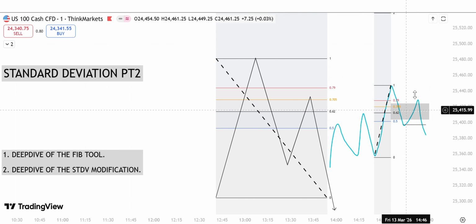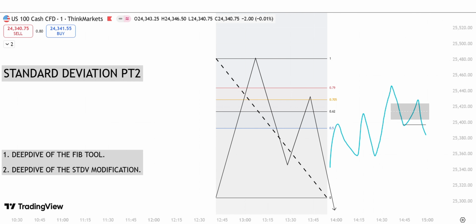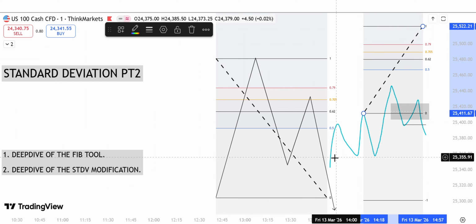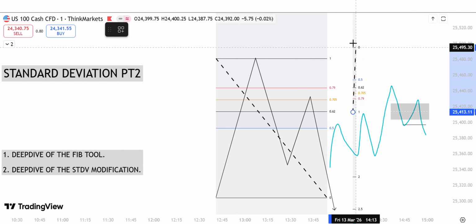If you're bearish, you anchor it from top to bottom. Let me recap on that. If you're bearish, you anchor from the top of the move to the bottom. Always like that. Where you anchor is different on the bullish side, because on the bullish side you always anchor from the low to the high.